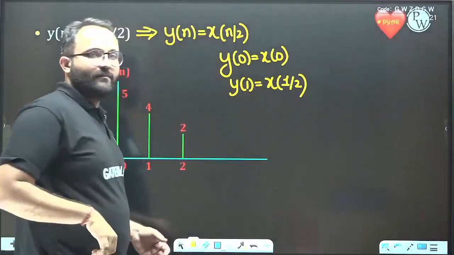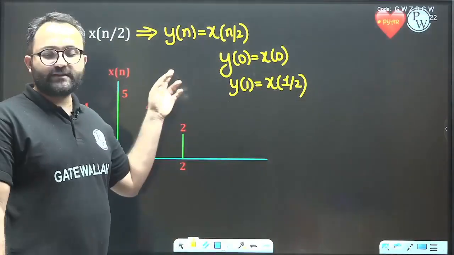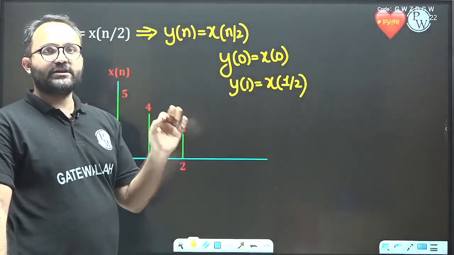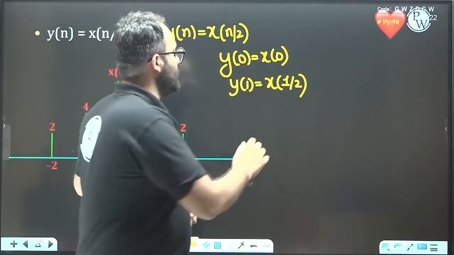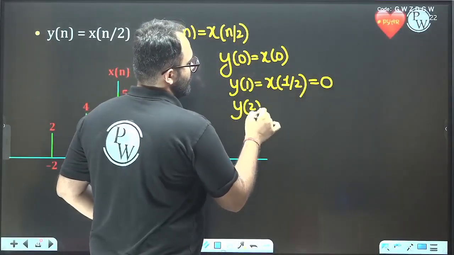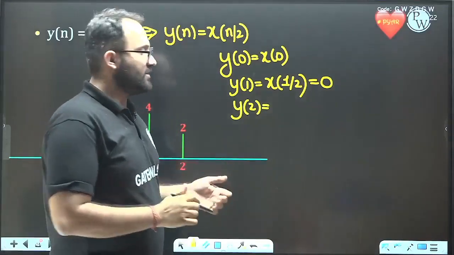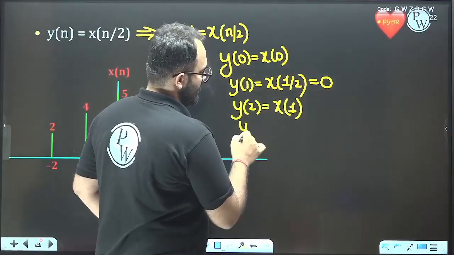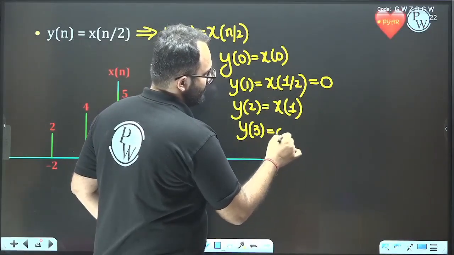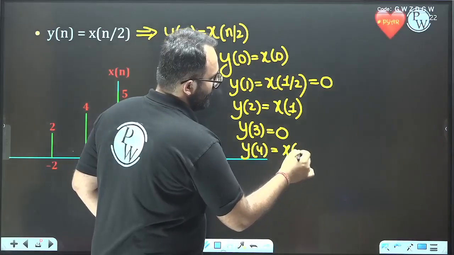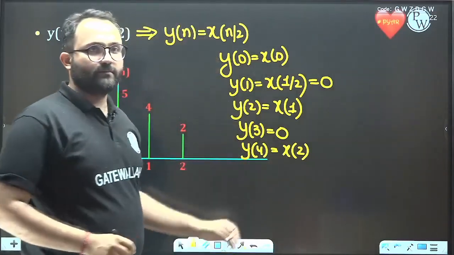Now what is x of 1 by 2? We know that it is a discrete signal, and in a discrete signal the term inside the bracket has to be an integer only. So x of 1 by 2 will be 0, so y1 is 0. y2 is equal to x of 2 by 2, that is x of 1. y3 will be 0. y4 will be x of 4 by 2, that is x of 2, and so on.